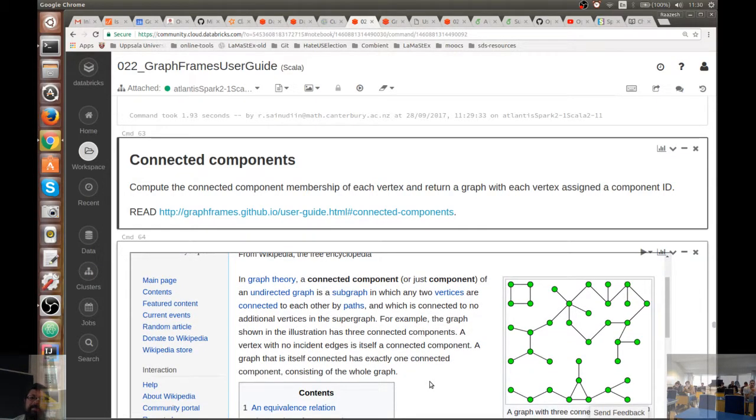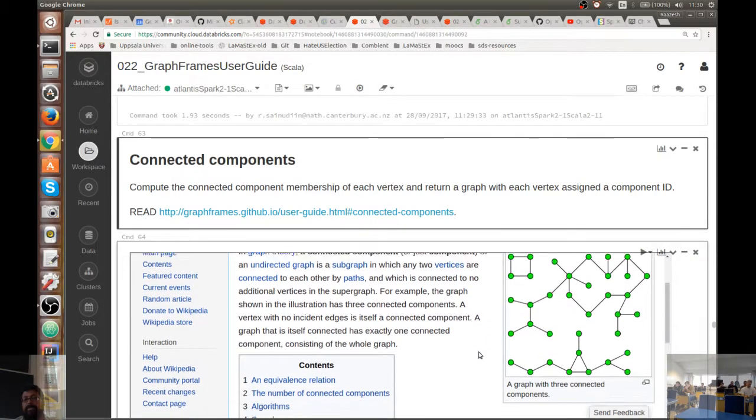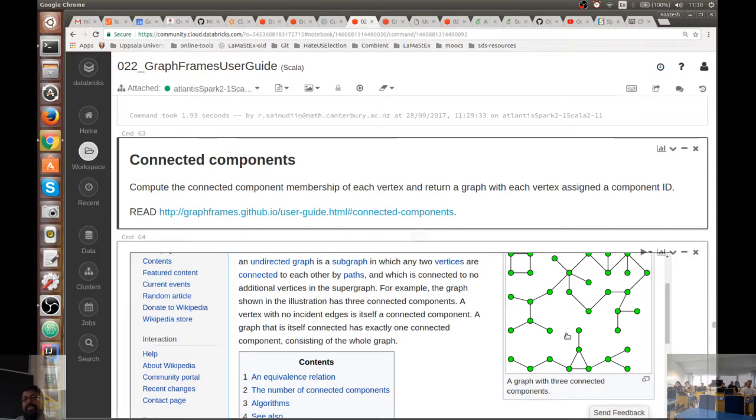It's nothing but a subgraph where you can go from any vertex to any other vertex. So it means any pair of vertices are connected to each other by a path. This is an undirected graph. So this guy is one connected component, this guy is another, and this one is another. So you'd say this whole graph has three connected components.